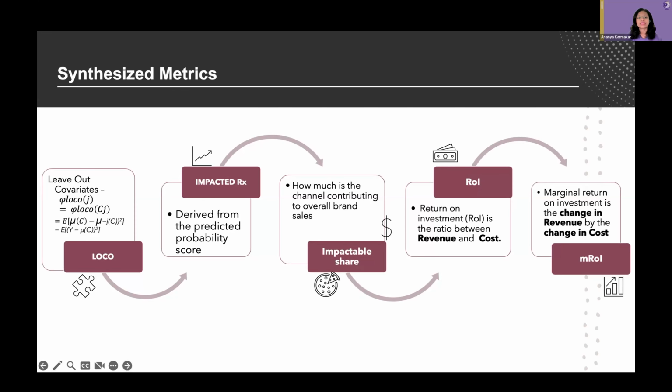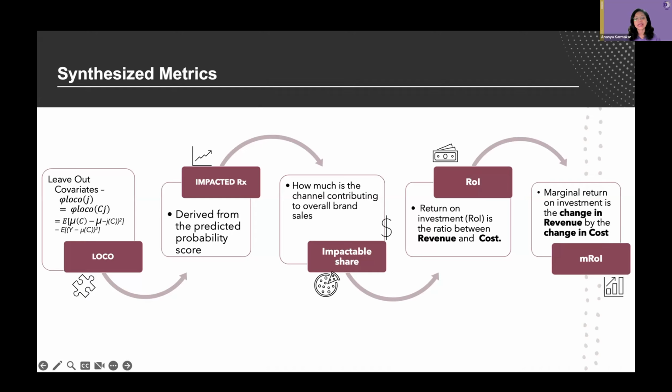Basically, per dollar invested in the drug's marketing channel, how many dollars do we roughly get back in return? And following that, we have a derived metric called MROI, which is marginal return on investment. That gives us the delta returns in dollars for a delta change in cost expended towards the marketing channel for that particular drug. And it essentially gives us the slope depicting the future outlook of the channel returns.